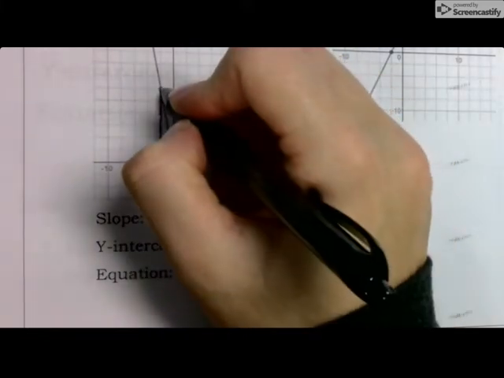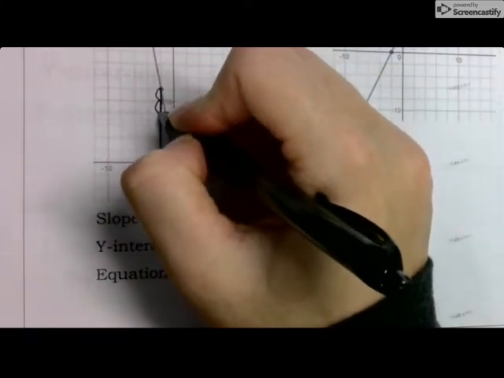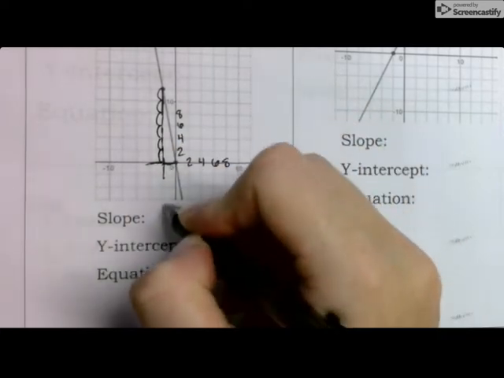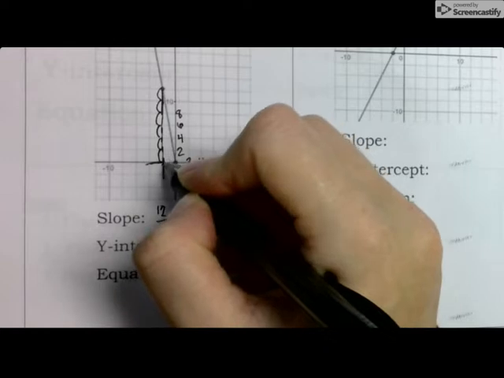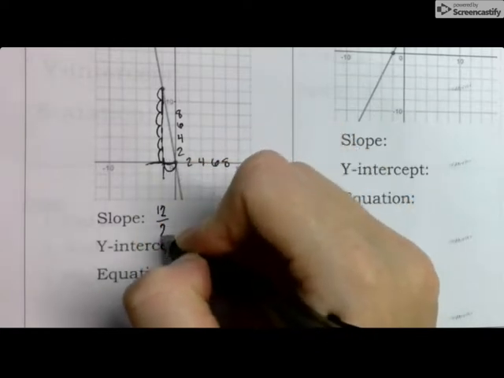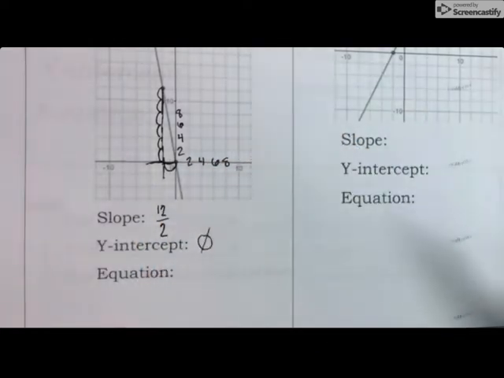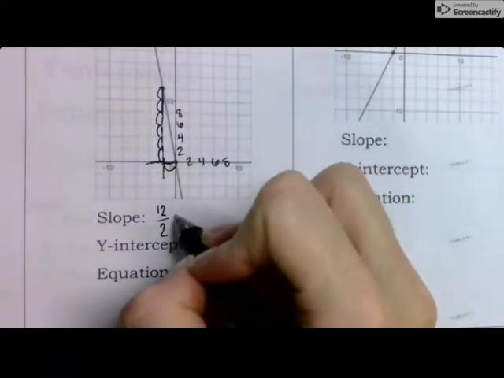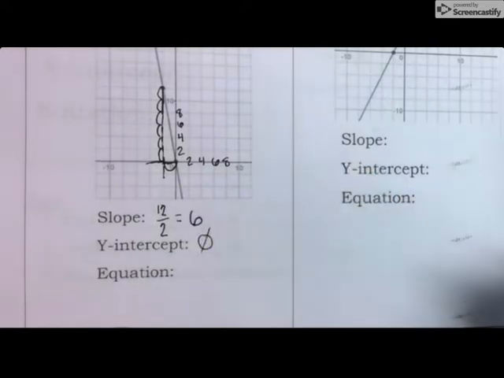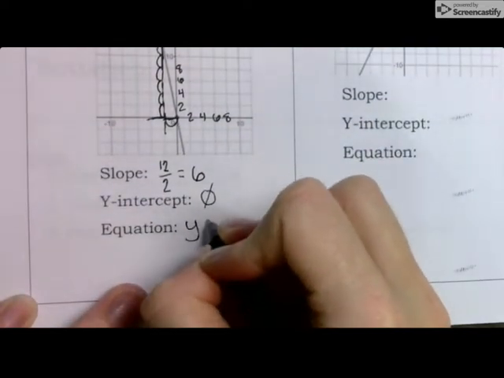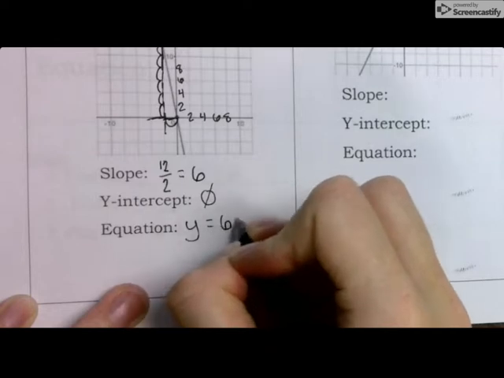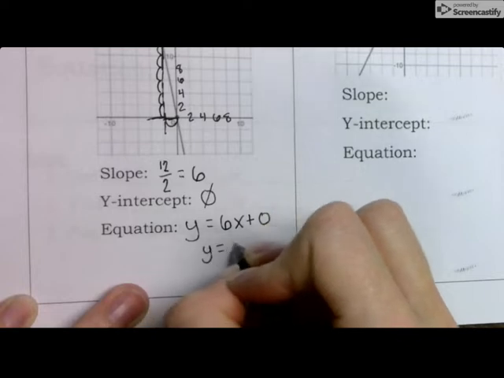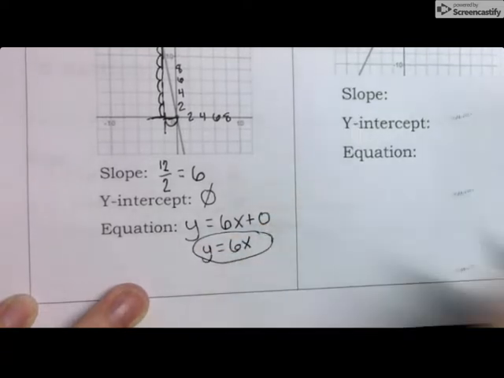The slope is 2, 4, 6, 8, 10, 12 over 2. And again, I'm getting that because every box does not mean 1 in this case. It means 2. And then when I reduce that, that'll give me 6. So if I plug that into my equation, I'd have y equals 6x plus 0, or just y equals 6x.